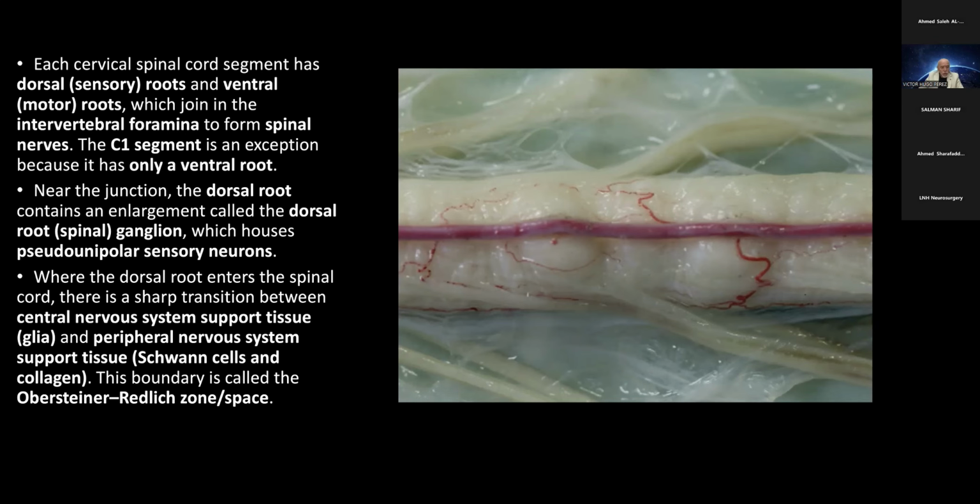Where the dorsal root enters the spinal cord, there is a sharp transition between central nervous system support tissue, glia, on this side, and peripheral nervous system support tissue, Schwann cells, and collagen. This boundary is called the Obersteiner-Redlich zone.